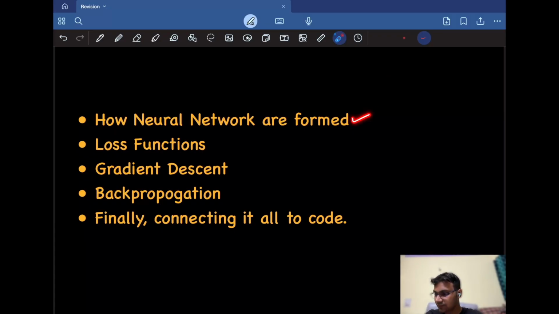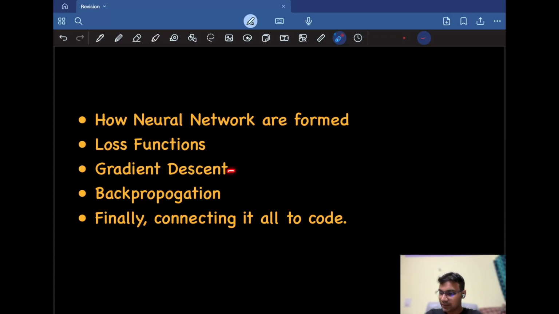We will first see the structure of a neural network, then we will see what a loss function is. It is basically how the predicted value differs from the actual value, the actual result that we would have gotten. This is a very critical thing. It helps us in training the model and correcting itself.